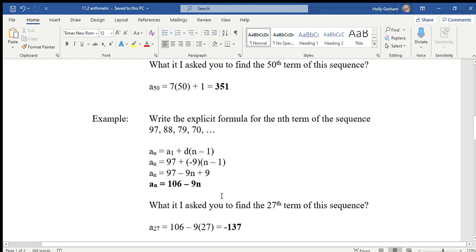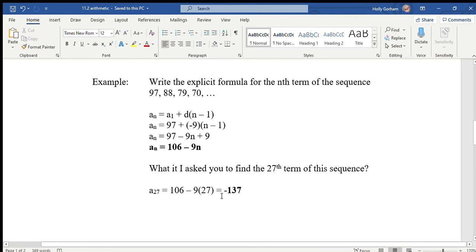The next example says write the explicit formula for the nth term of the sequence 97, 88, 79, 70. This time, notice what we're doing is that we are adding a -9. So we take our explicit formula, a sub n, and we substitute 97 for a sub 1 because that's the first number.